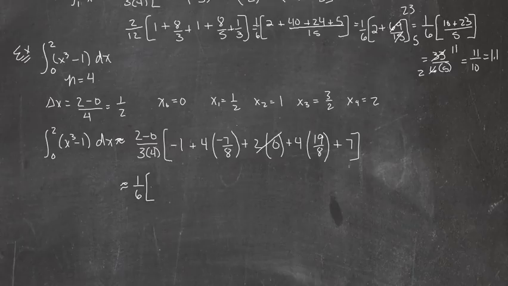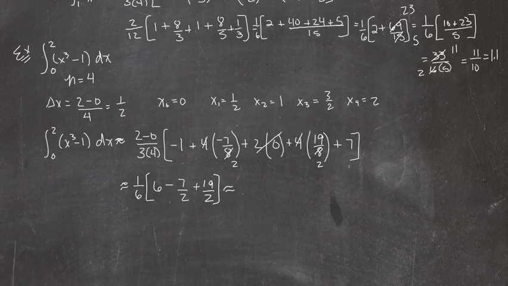Negative 1 plus 7 is a positive 6, minus, well, 4 reduces with 8, leaving a 2, so that's minus 7/2, plus 4 reduces with 8 again, leaving a 2, so that's 19/2. And I've already used the 7 to make the 6.